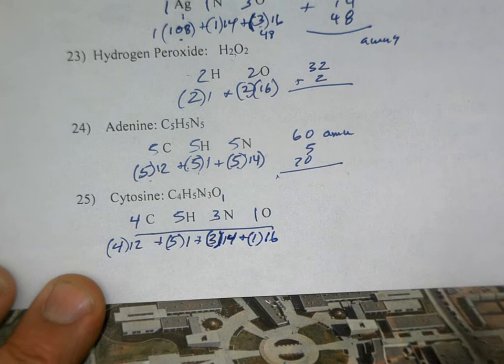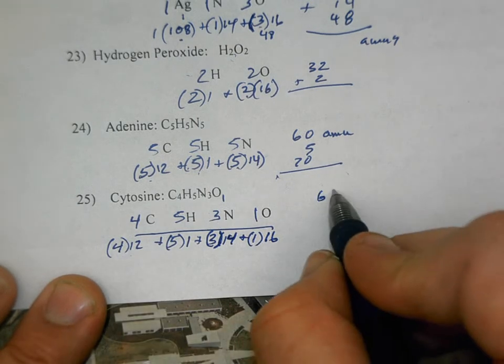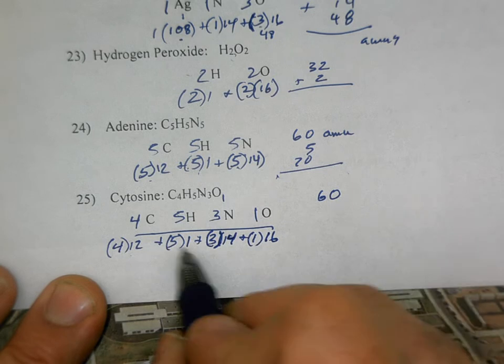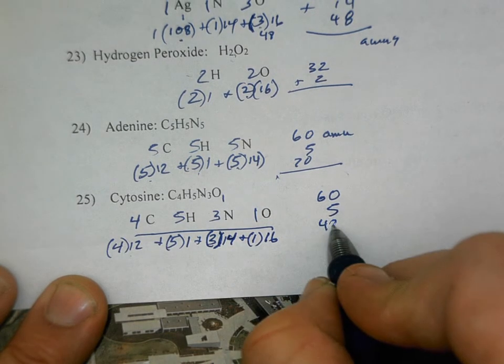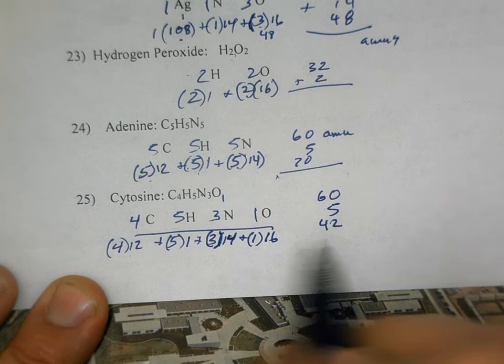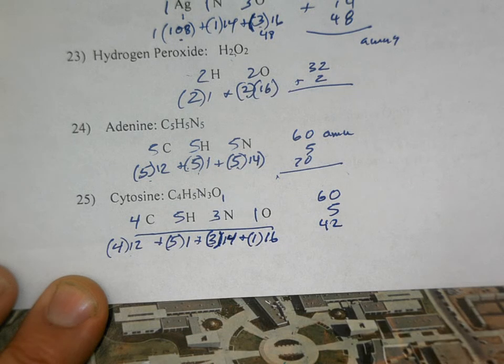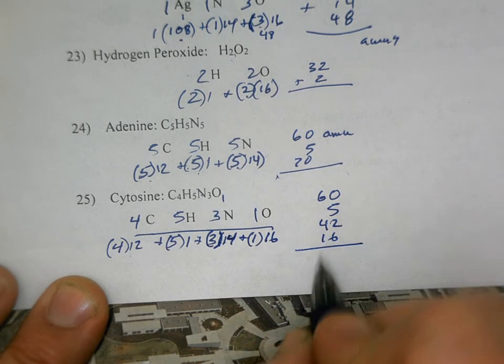When you add those up, for the carbons, 4 times 12 is going to be 48, then we've got 5 for the hydrogens, and I think this is going to be 42 for the total weight of all the nitrogens, and 16. You can add them up yourself.